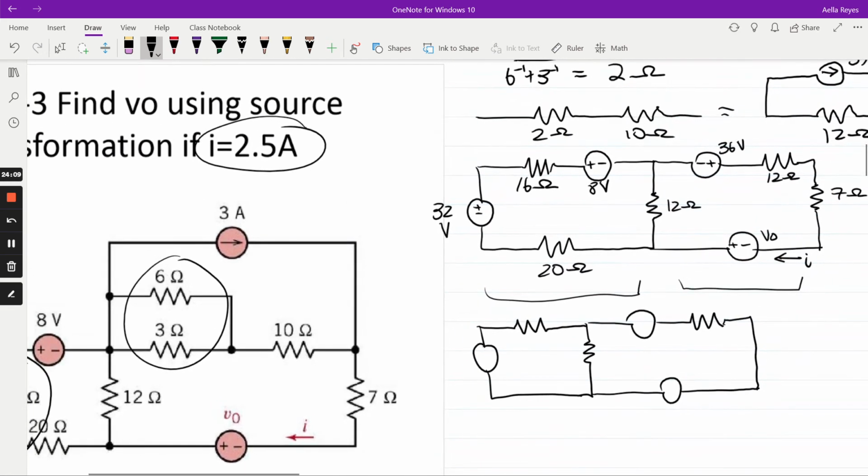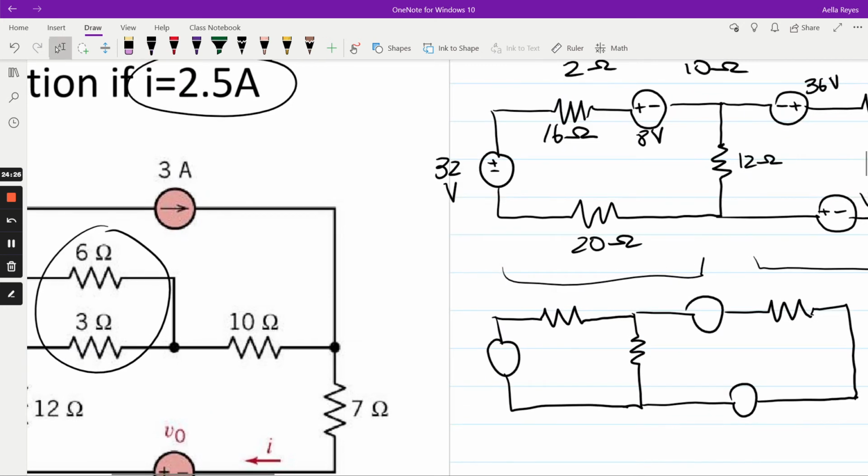Since this minus isn't on the same side as this minus, we made this one negative to turn it around so they're on the same side. So 32 minus 8 is 24 volts. 16 plus 20 is 36 ohms.